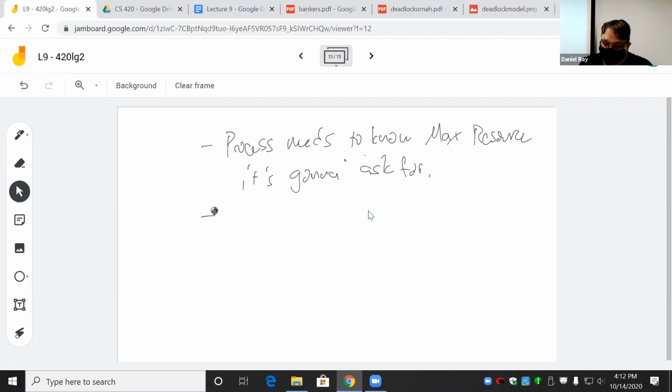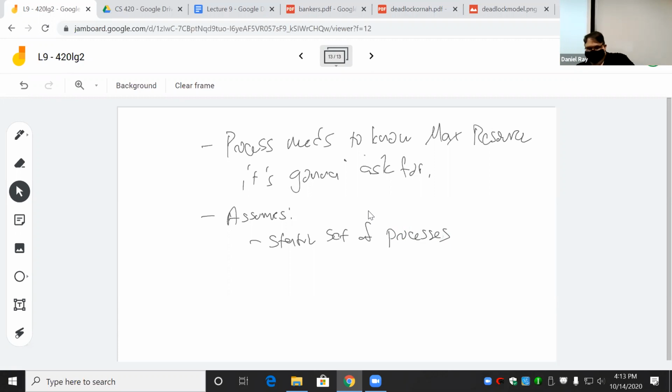Okay. The other thing to consider is that this assumes that we have a static set of processes, and the fact that processes are coming and going all the time complicates this more than it seems like it currently works.